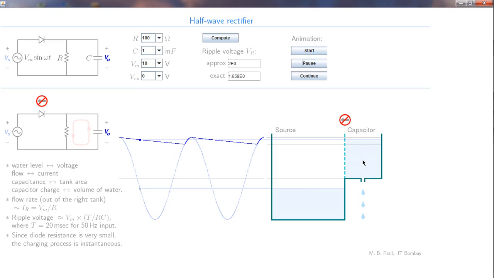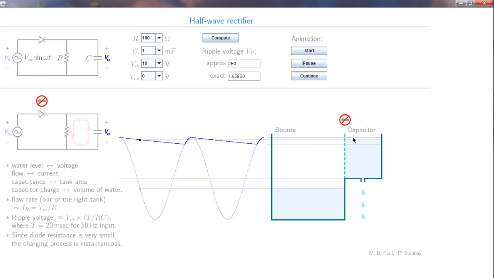And that is a relatively slow process, because we don't want the level to drop drastically. We want the level to be in fact constant. Now what happens is this source level goes up, and when it goes above the capacitor level, then there is a sudden water flow from the source to the capacitor.